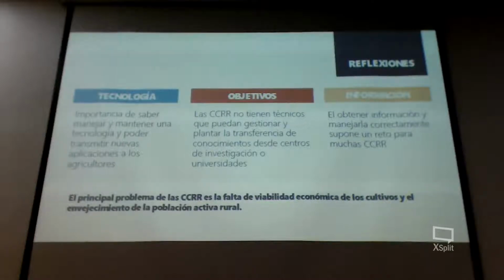No quería generalizar, porque sé que hay muchas comunidades que funcionan fenomenal y que se plantean estas cosas de manera responsable, que es lo que se debería buscar cuando se hace una inversión pública tan grande.